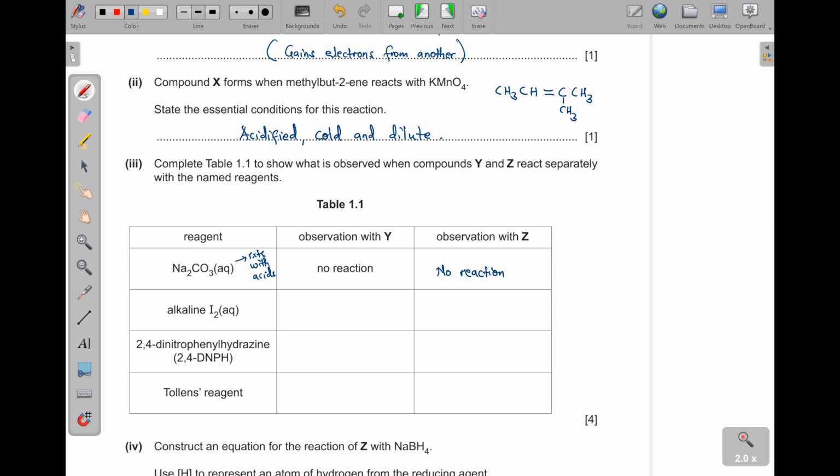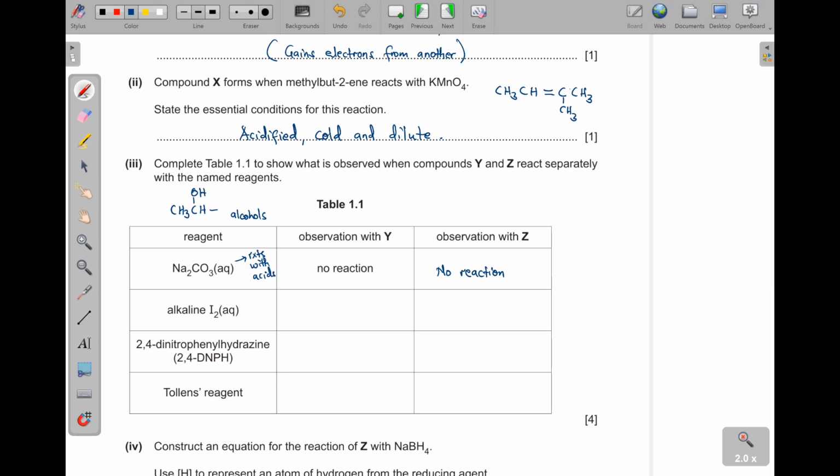And then the second one, alkaline iodine. Now for alkaline iodine, we must have these groups here: the CH3, CH, then OH. This group must be there for alcohols. Okay?